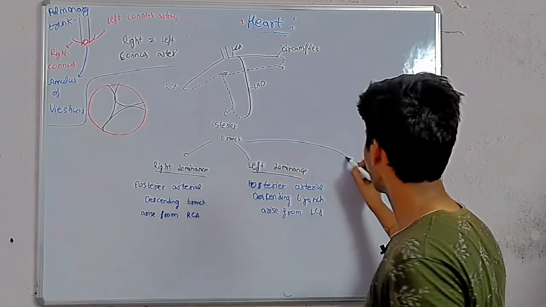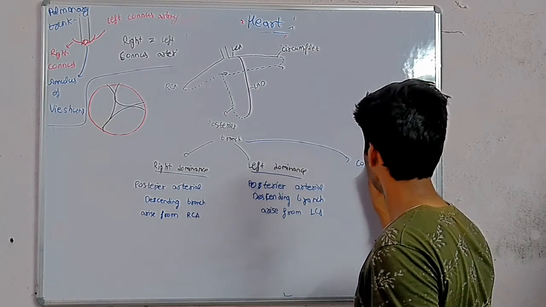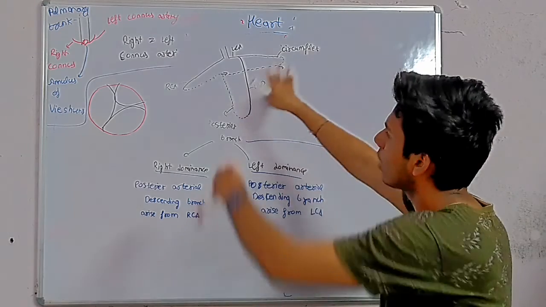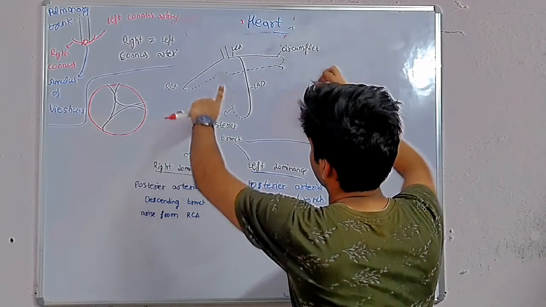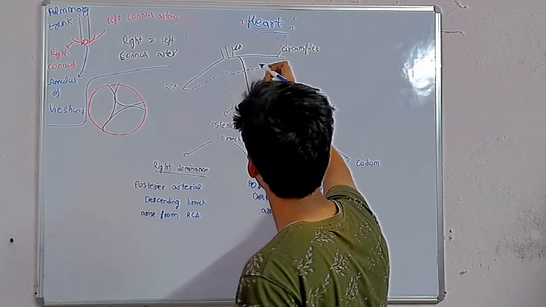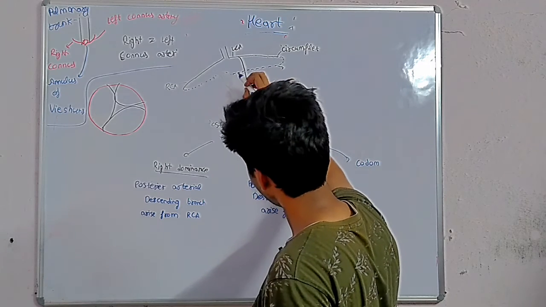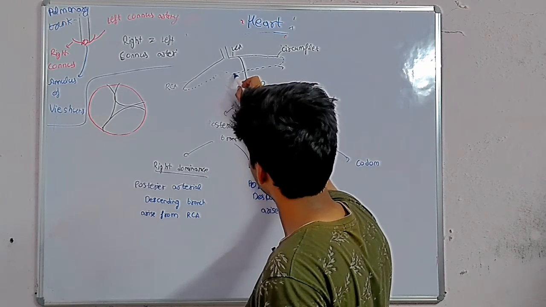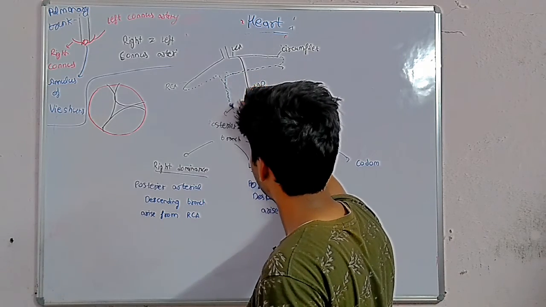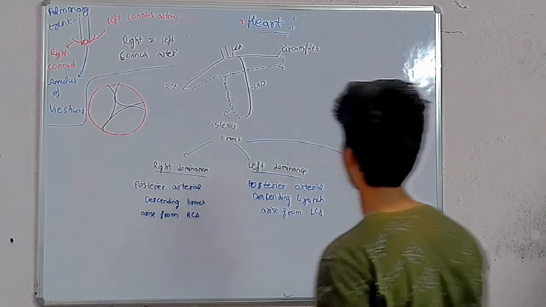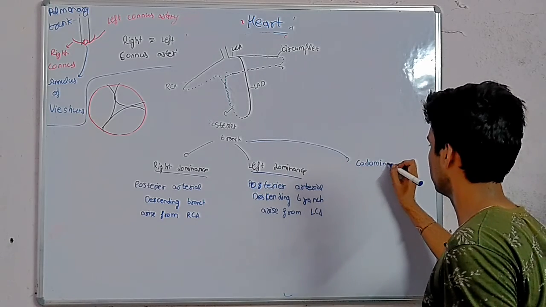And another is codominance, in which both arteries participate equally. Both RCA and LCA participate: the RCA branch and the circumflex branch. This is called codominance.